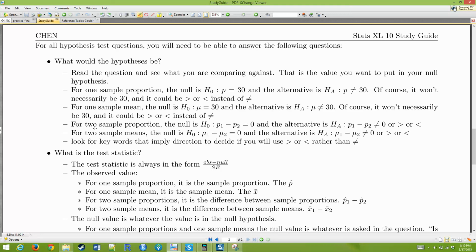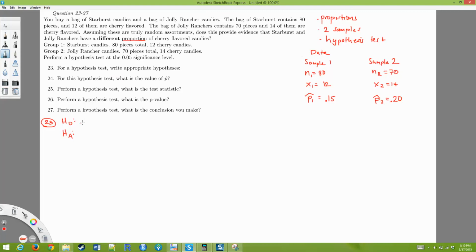For two sample proportions, the null is P1 minus P2 equal to 0, and the alternative is P1 minus P2 not equal to 0, or greater than or less than. So the null is P1 minus P2 equal to 0 versus P1 minus P2. Do I use greater than, less than, or not equal? Not equal, because it says, is it different?